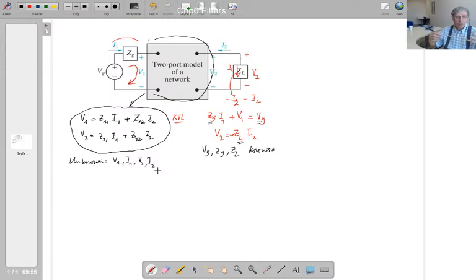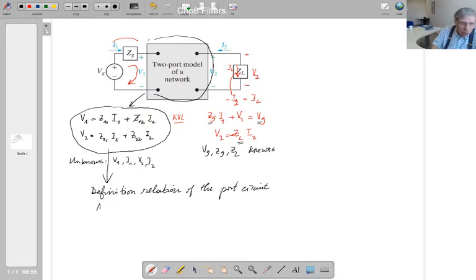So how have we done this analysis? By using these Z parameters. The Z parameters could be considered as the definition relation of the two-port circuit, or you might call it the mathematical model of the two-port circuit, or the equivalent circuit.